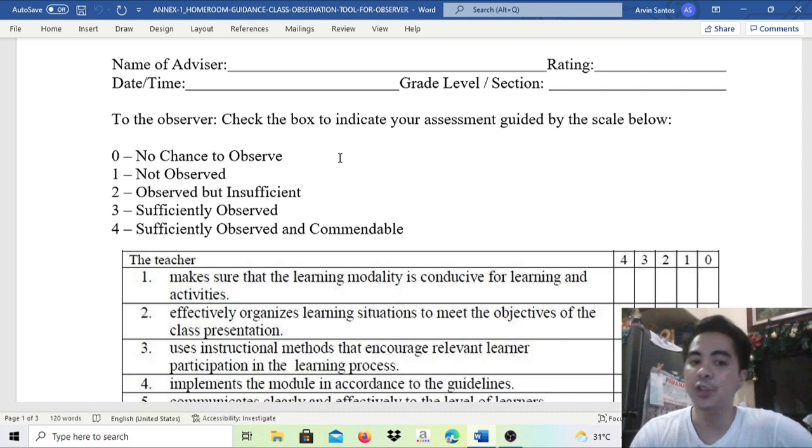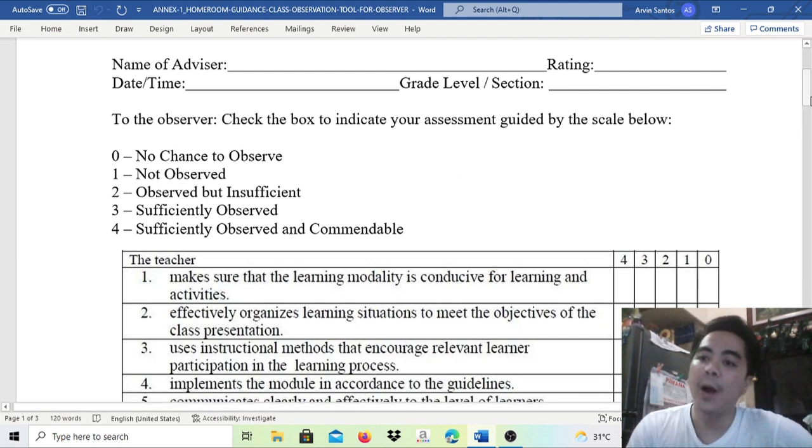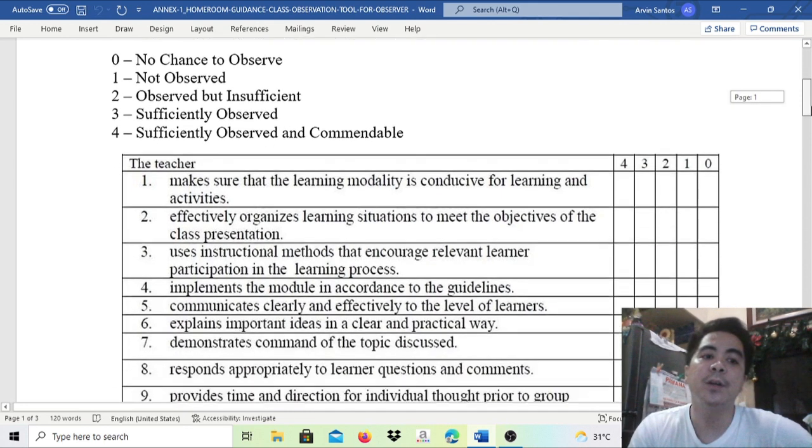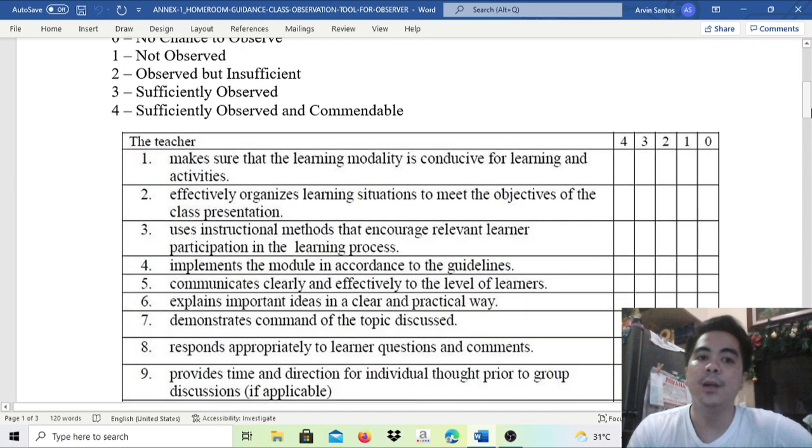Okay, so for the teacher, ito yung mga parts na dapat makita ng observer. Number 1, make sure that the learning modality is conducive for learning and activities. Make sure lang na maipakita during the activities na if you are online, that is well executed, diba? So conducive kung modular naman, mapakita that na-facilitate pa rin through an online engagement, na-facilitate at na-adapt, na-assess yung mga learners, okay?